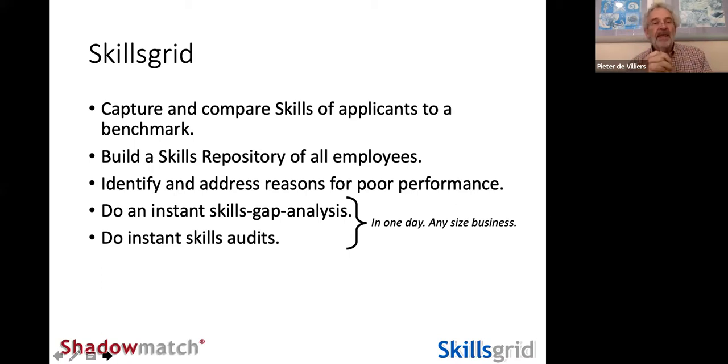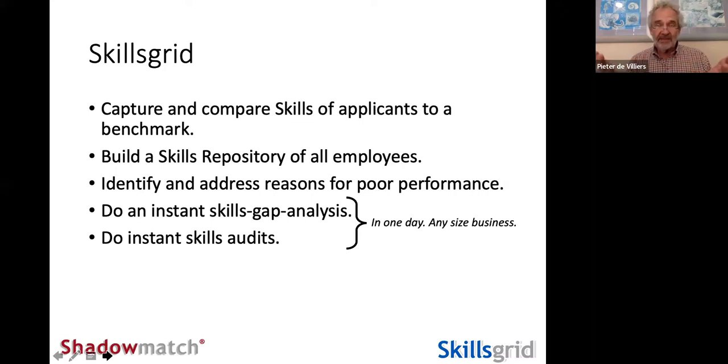That's my problem. So it's a much more straight line algorithm. It's not as complex as the algorithms behind Shadow Match, but it works the same. It compares the skills of an individual to the benchmark made up of the skills of successful people doing the job. It builds a skills repository for all employees.